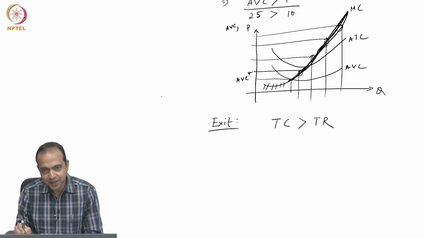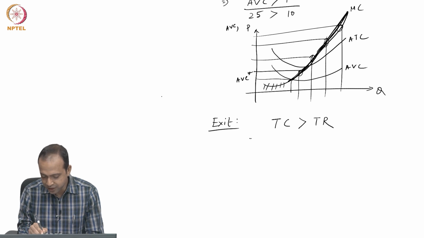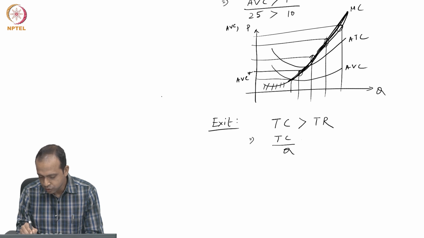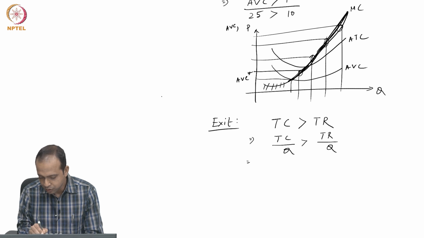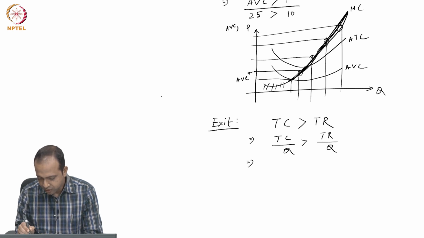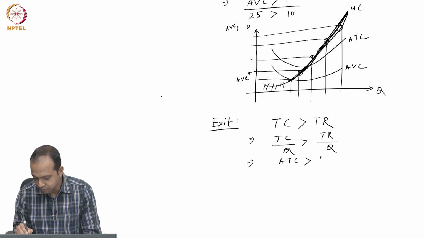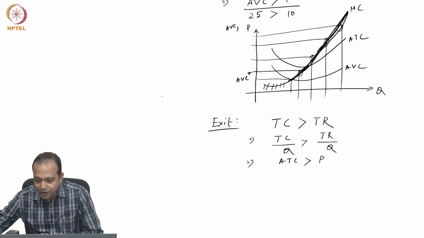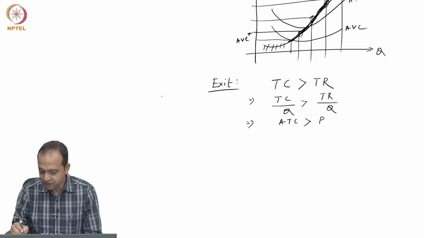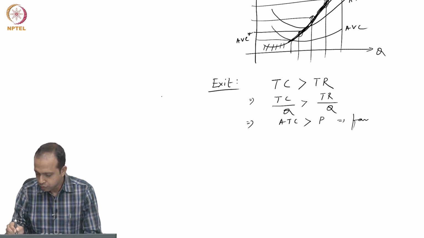So, if this is the case, that means if you divide both sides, TC by Q greater than TR by Q, so that means ATC greater than P. So, if P is less than average total cost, then the farmer should exit from the market.